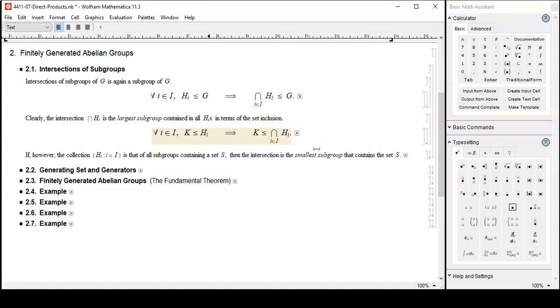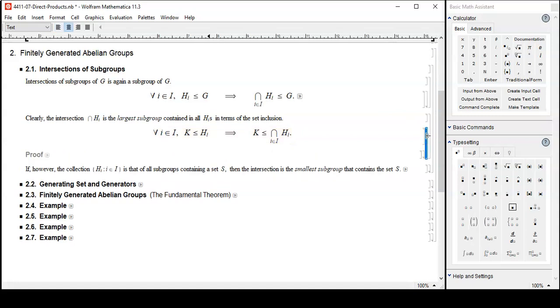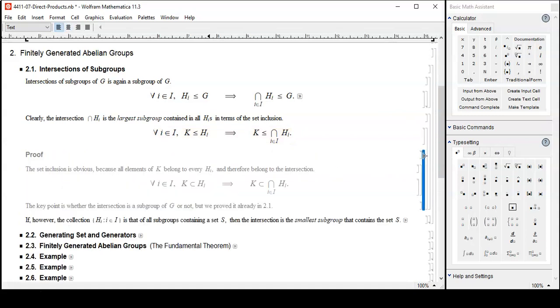The proof? Well, proof is really trivial because the set inclusion part is basically really trivial, you see. Any element of K belongs to all H_i, but then that element belongs to all H_i's, so it belongs to the intersection. So all elements of K belong to that intersection.